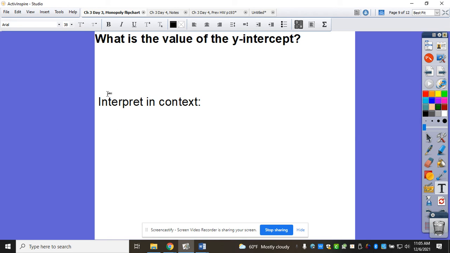All right, and then the y-intercept value here is 67.2827. How does this one start? Again, wording however you chose to do it.